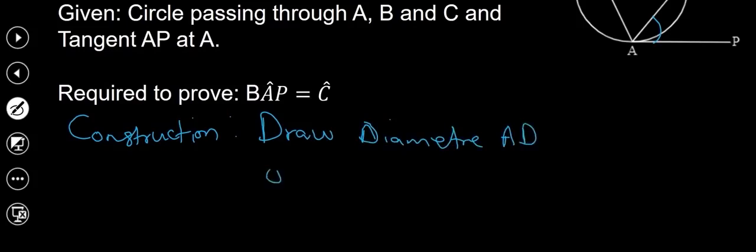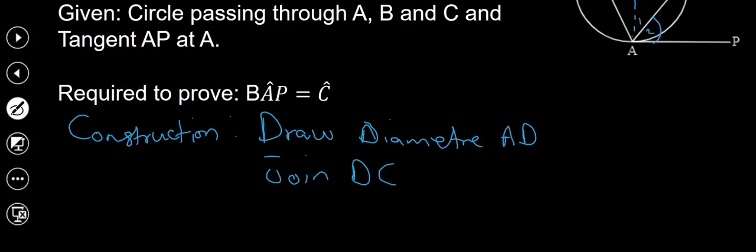And then join DC. Join DC, right? So what am I saying right now? You are going to draw diameter AD, so meaning that's going to be A there, and then you're going to join those. Then I will have this one as A1 and that is A2, and I will have this as C1 and that as C2.